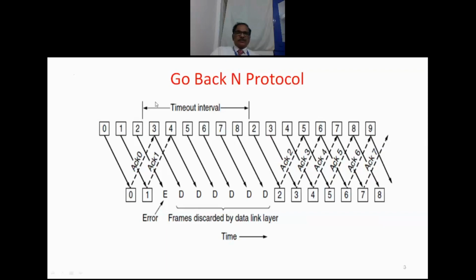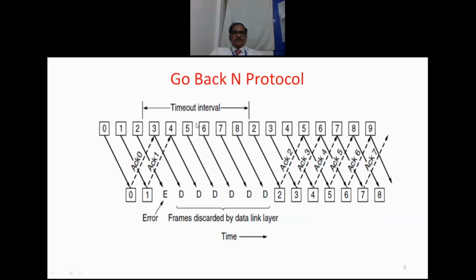Suppose the timeout is given as 7 units of time, for example. If 7 units of time is allocated for the round trip time or timer, the moment the first frame is sent, the timer will start.